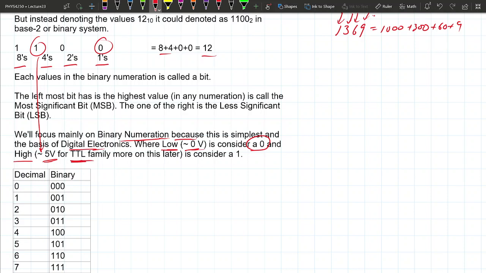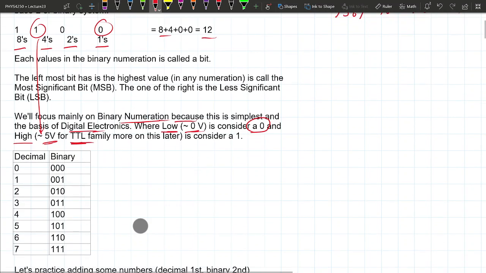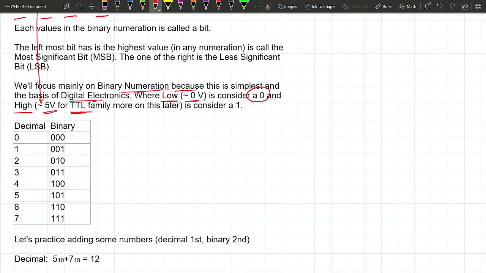Okay. So if you were to convert a decimal number up to 7 to a 3-bit binary number, when I say 3 bits, there are 3 places. 0 converts to 0, so hopefully we can all do that. 1, since we want a value of 1 in the ones place, then it's 0, 0, 1.